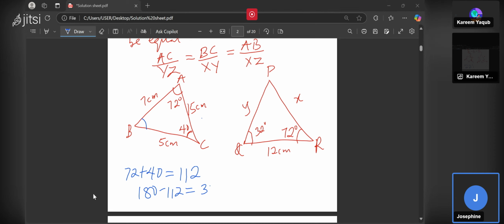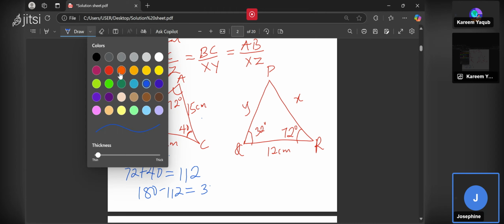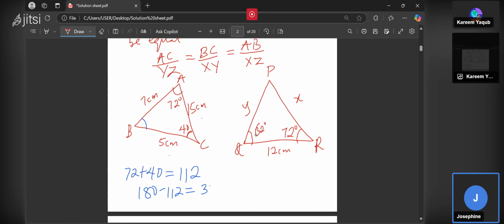Let me check: 70 plus 40, that's 112. So 180 minus 112 gives 68. Sorry, this is supposed to be 68 degrees.